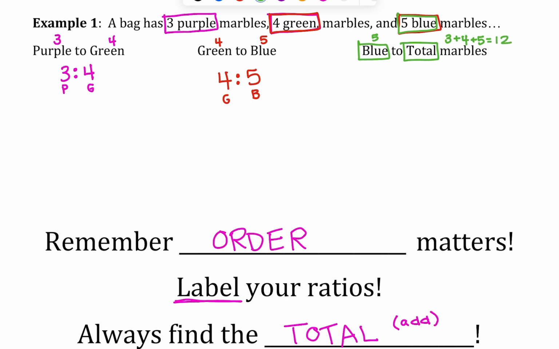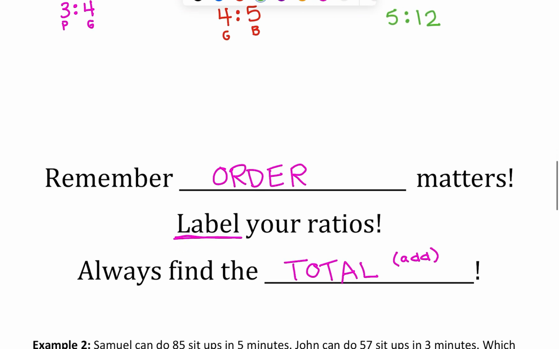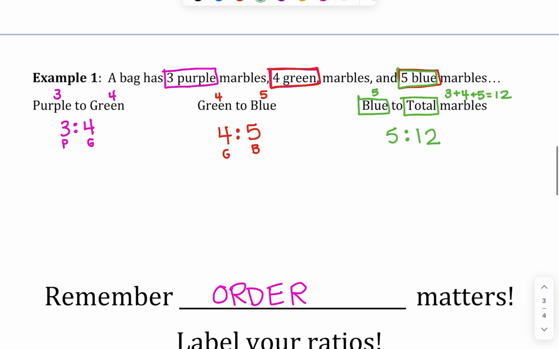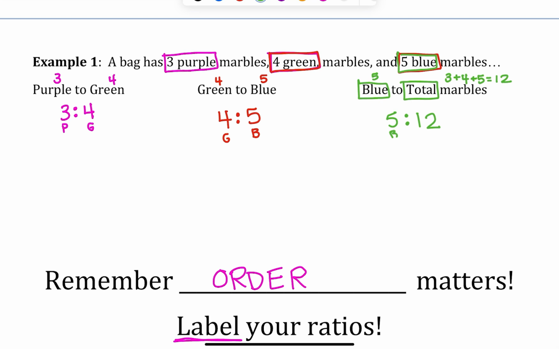So my total would be 12. So my ratio would be 5 to the total, which is 12. Okay, so again, order matters. It has to stay in the order that it says in the problem. Oops, sorry, I forgot to label. We have blue and total.